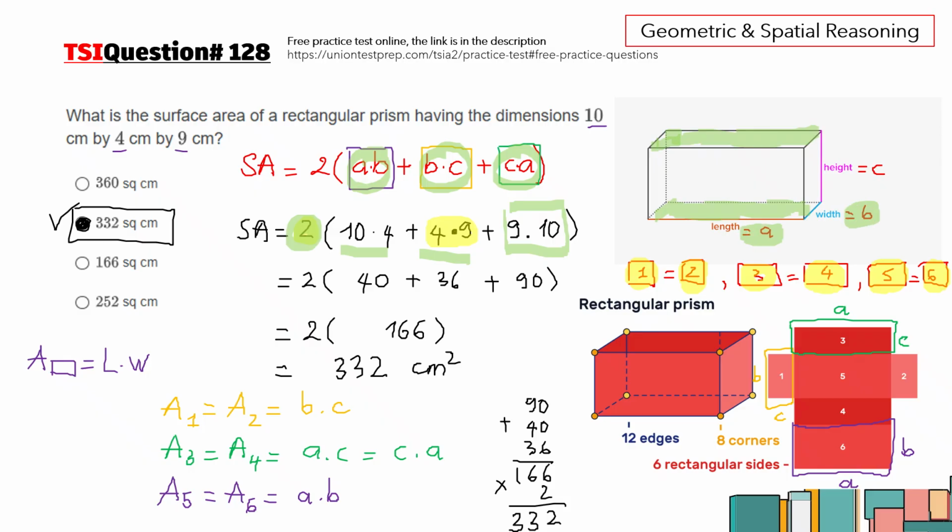So the area of the 4 walls equals 2 times whatever is left, not A times B, so B times C plus C times A. But not A times B, because you don't count it. So this is 4 walls. The previous one is completely 6 faces, or 6-sided. This is only 4-sided.